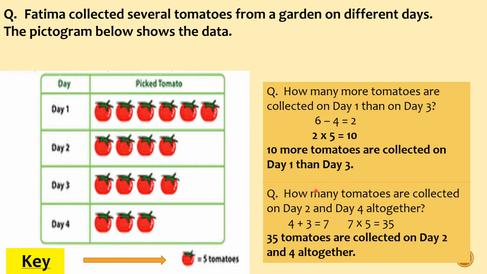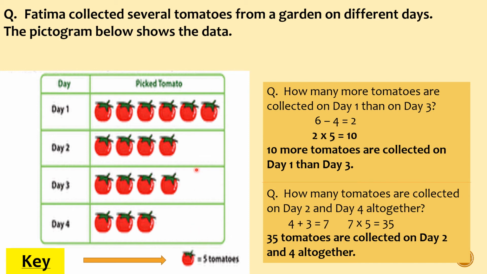Question here: how many tomatoes are collected on day 2 and day 4 all together? So here you need to add day 2 and day 4 together. Either you can go for this: we have on day 2 5, 10, 15, 20 and on day 4 5, 10, 15. So what is 20 plus 15? 20 plus 15 is 35.